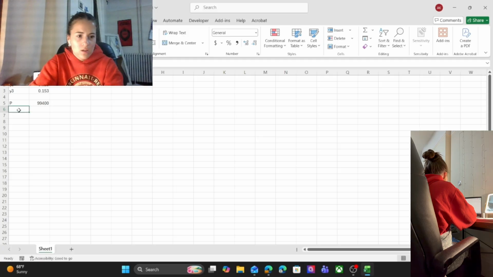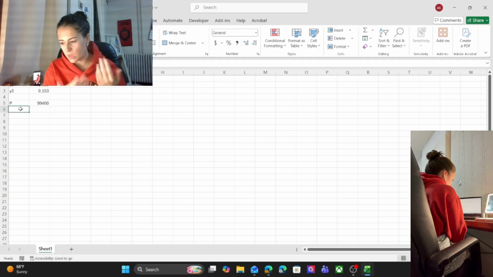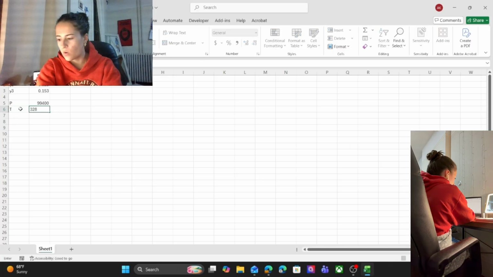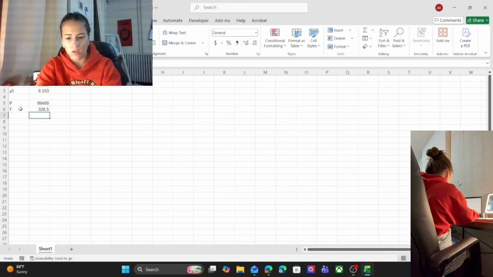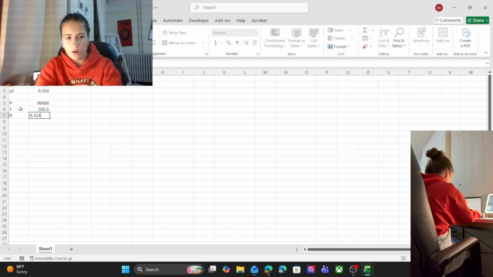Yes, oopsie. So this is in pascals instead of kPa, because we want to make sure our values are in all of the units that we want. Temperature is fine. And then we have R is equal to 8.314 here.